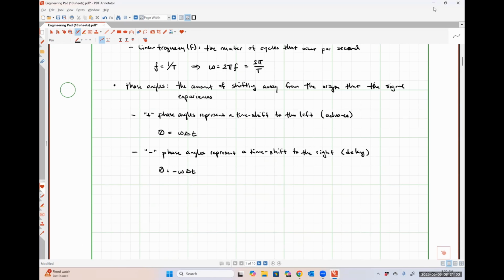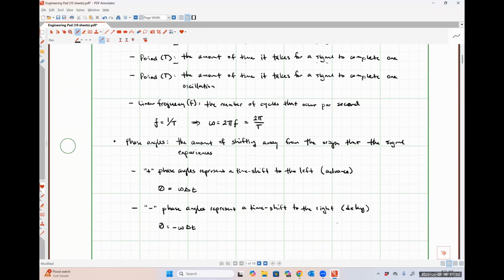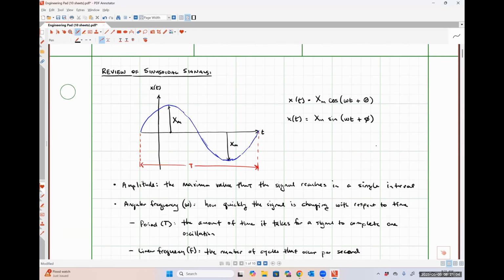It's both. So it's just a generic angle. So if I look at this, I wrote phi here and theta here because I wanted to be clear that these are going to represent two very different angles, right? So for instance, if we look at this as a cosine function, our phase angle theta would be negative, okay?